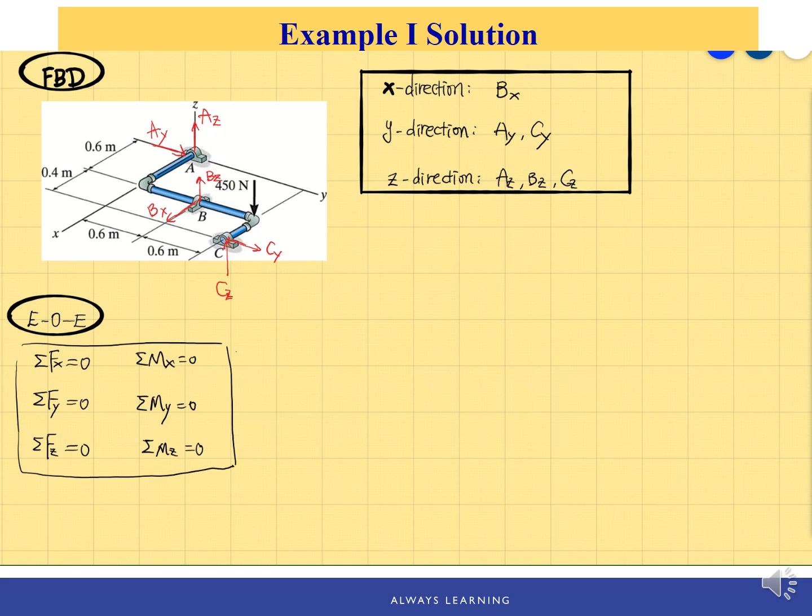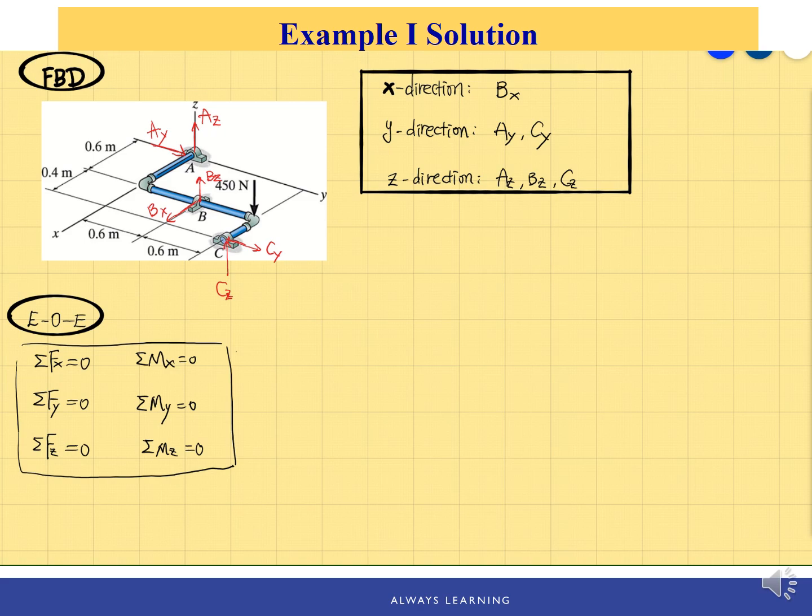We want to choose the equation that has the least number of unknowns, so we can solve that value directly. So again, the order of the equations doesn't matter. And the reason why I put those unknown forces in each direction is to help me choose which equation I'm going to start with.